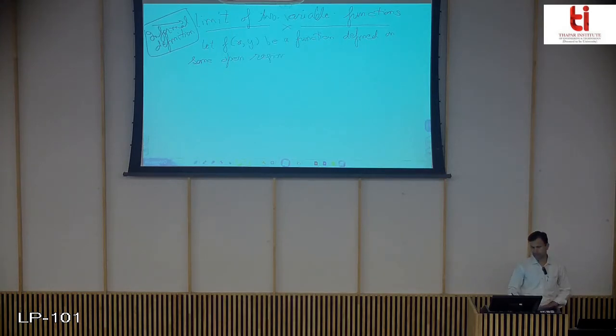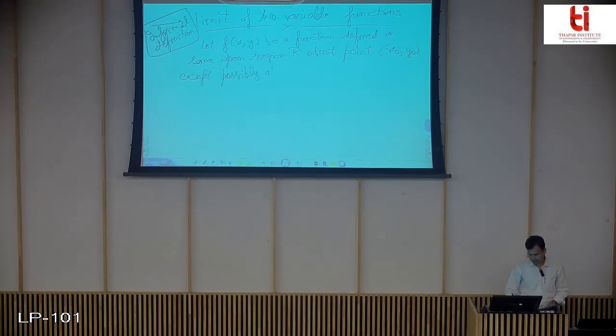This open region you can assume to be in the xy plane. So f(x,y) is a function defined on some open region R about point (x0, y0), except possibly at (x0, y0).